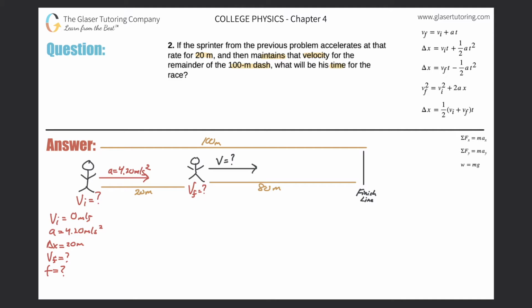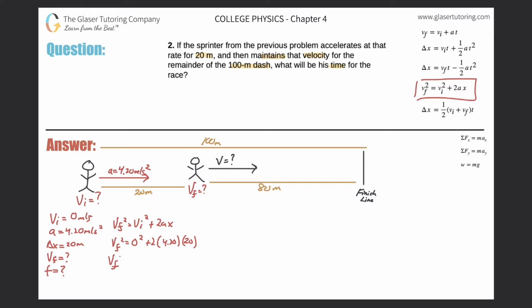So pick a formula on the upper right-hand side that relates these four variables, and we find that it's going to be equation number 4. So the final velocity squared is equal to the initial velocity squared plus 2 times the acceleration multiplied by the displacement. So the final velocity is what we're looking for. The initial is 0, the acceleration is 4.20, and the displacement was 20.